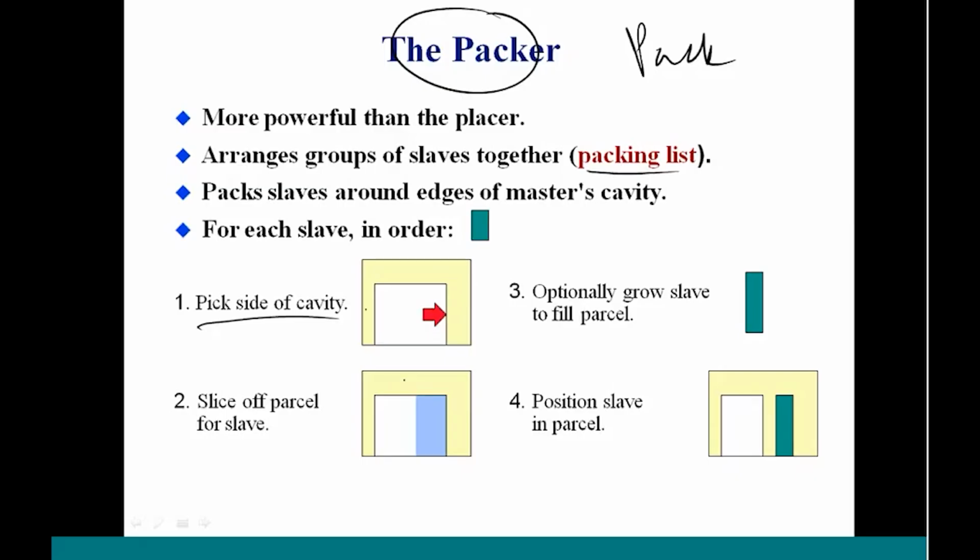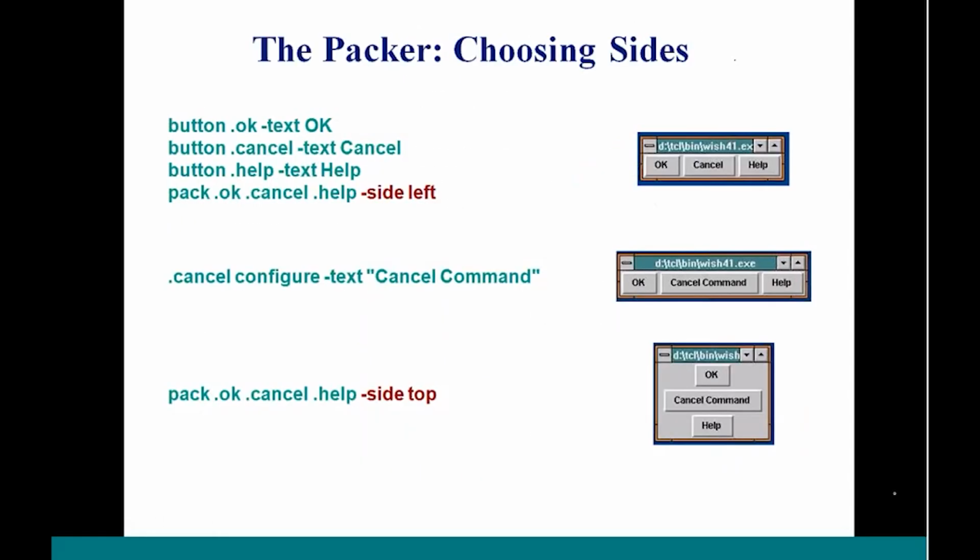The way to place is you pick the side of the cavity, slice off a parcel for the slave, and then optionally grow the slave to fill the parcel. So you can increase it and fill it up as well. And then finally, you position the slave in the parcel, deciding where to put the slave inside the parcel.